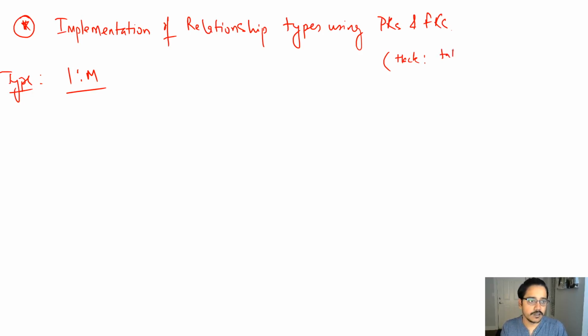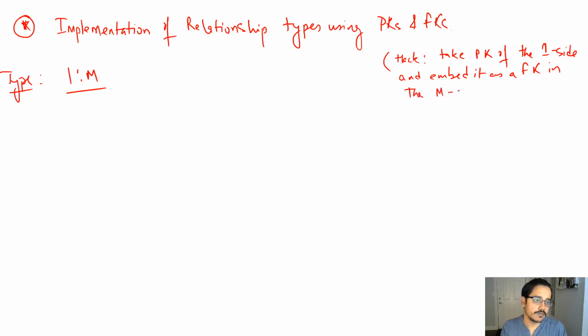You take the primary key of the one side and embed it as a foreign key in the M side. Okay. So this is how you remember how you're going to implement 1:m relationships.